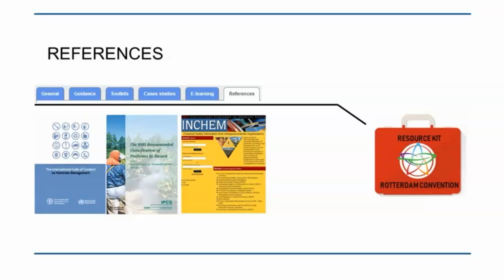It is a very useful document that most countries use to get their pesticide management infrastructures into good shape. And there's also the WHO recommended classification of pesticides, which is used in how risk assessments with respect to human health are used in the classification with respect to the toxicities of the chemicals.